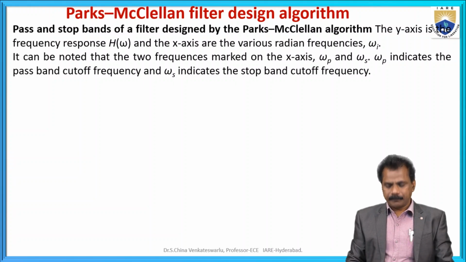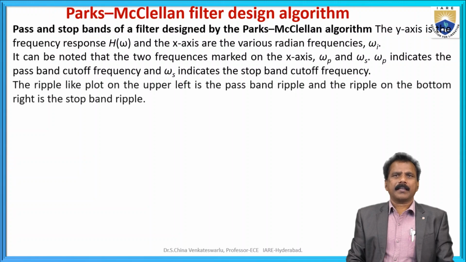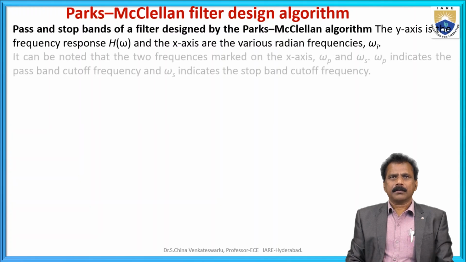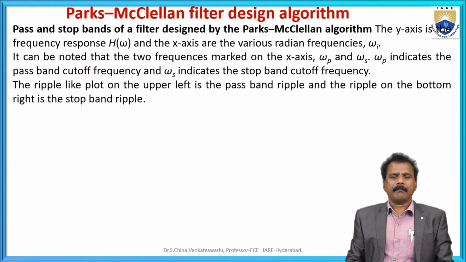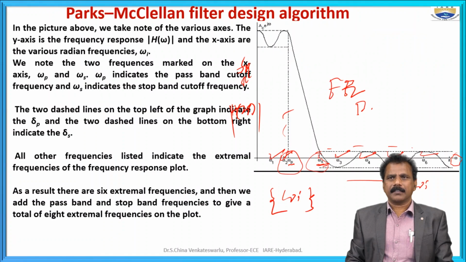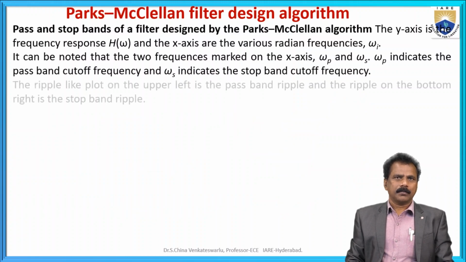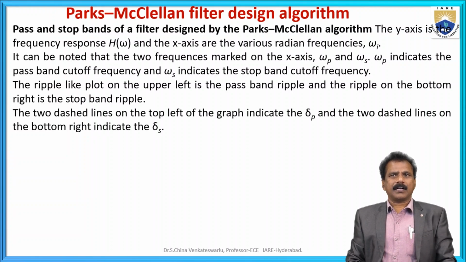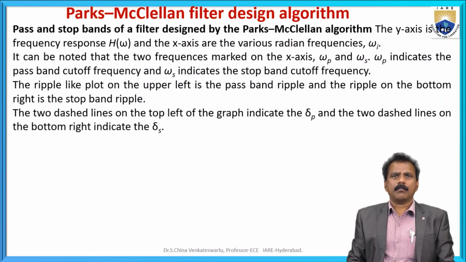Now the ripples, you have to verify them in this case. The ripple on the upper left is the passband ripple, and the ripple on the bottom right is the stop band ripple. The ripples can be observed graphically. The two dashed lines on the top left of the graph indicate delta p, and the two dashed lines on the bottom right indicate delta s.